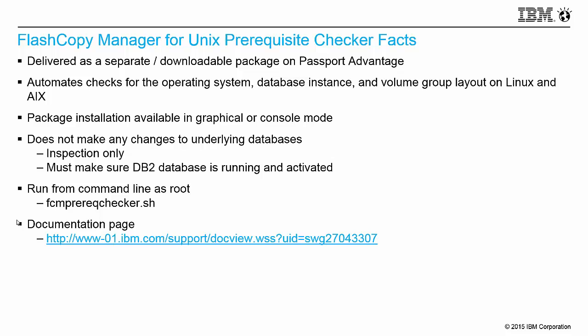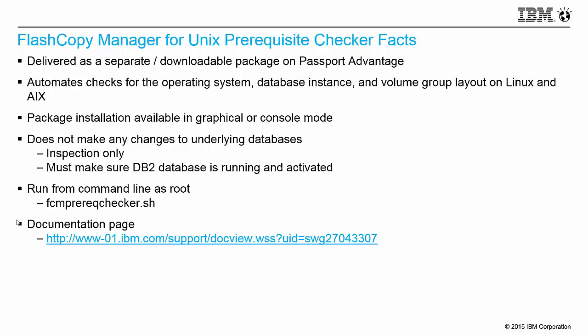It's just a shell script that calls some underlying binaries to run the prerequisite checker and produces a report. I've listed some references here to the documentation page, but if you just go to the FlashCopy Manager 4.1.1 manual, you'll see information about how to run it. And it's very straightforward. I'll show you in the demo coming up.